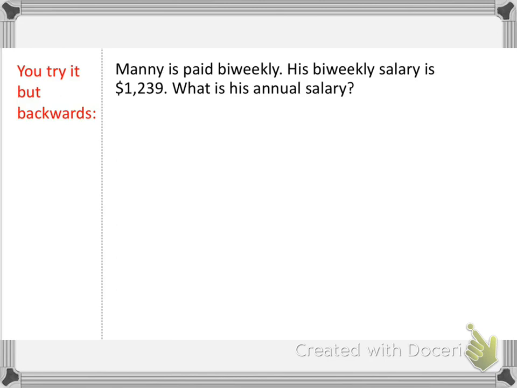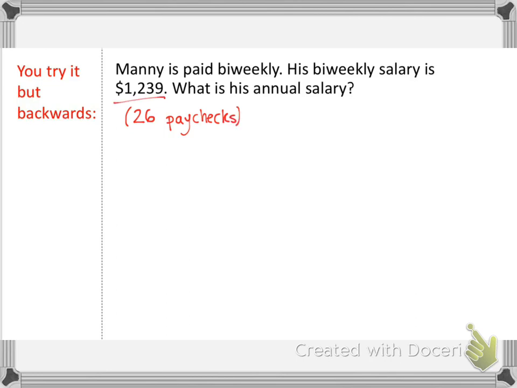So Manny is paid biweekly. His biweekly salary is $1,239. The question is, what is his annual salary? Okay, so this time you're given the biweekly salary. So remember that he is gonna get paid 26 paychecks, right? Because he's paid every 2 weeks. So 26 paychecks.